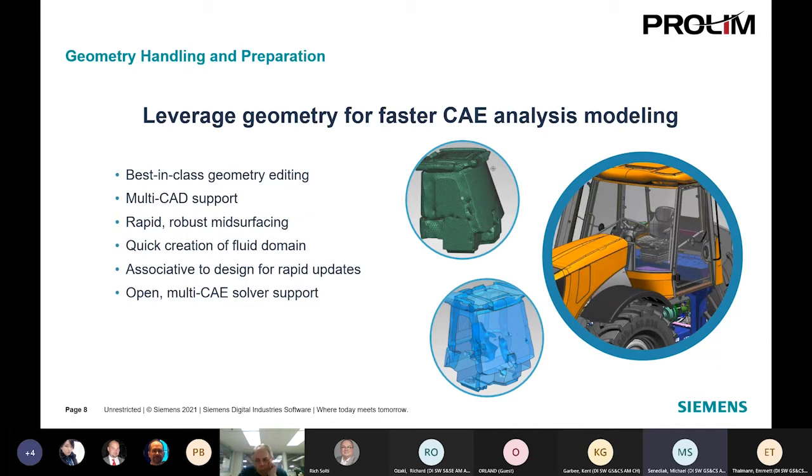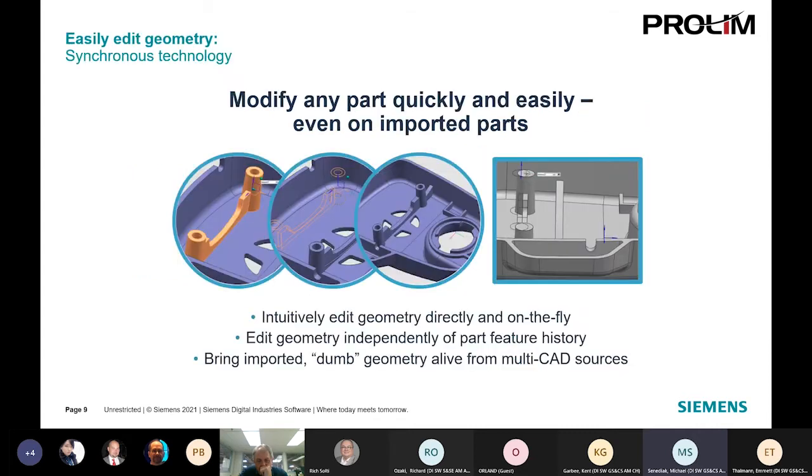And then also that associativity to the design change, because we know whether it's in the prototyping phase or even once a product gets released, design changes are coming through and you want to be able to confirm, yes, it's going to perform and act the way that we assume based on our simulation. So next one, Richard.